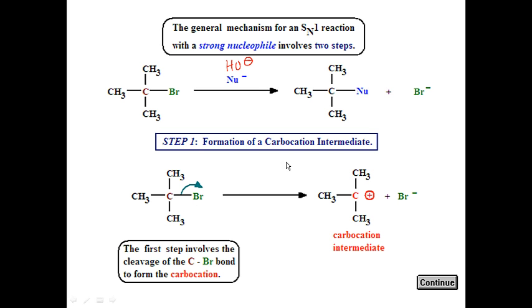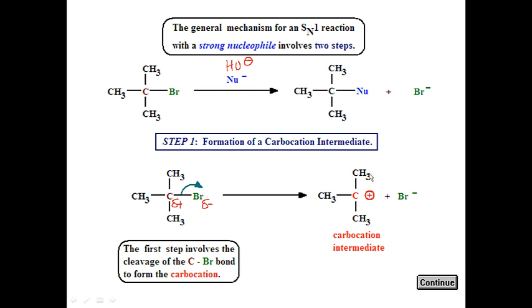In this case, that pair of electrons would go to the bromine, and the carbon would then be left without an electron because the bromine took both of its electrons with it. Now, why would that happen? Because the carbon is slightly positive and the bromine slightly negative, so the electrons will go with the more electronegative element. When that happens, you end up with a carbon that now only is sharing 6 electrons and has a +1 formal charge, and then the bromide ion.